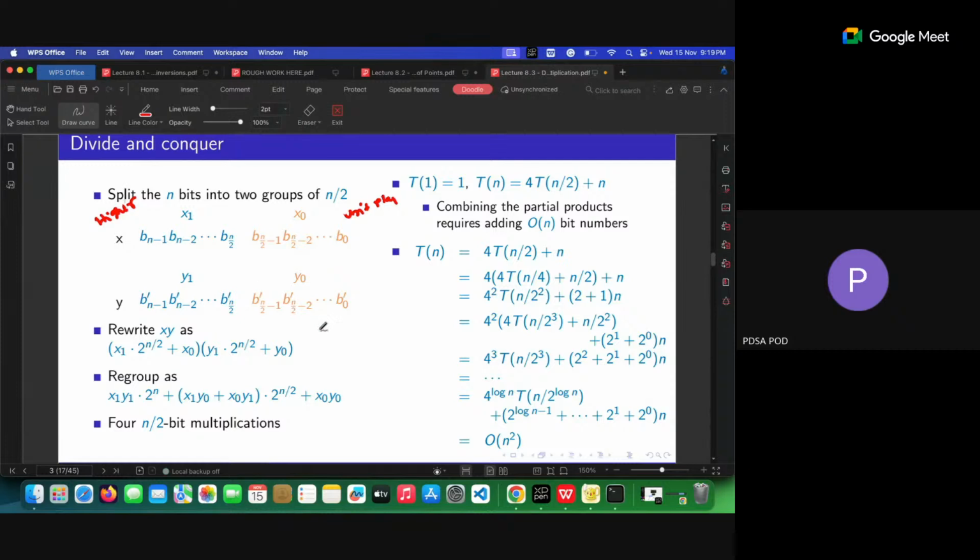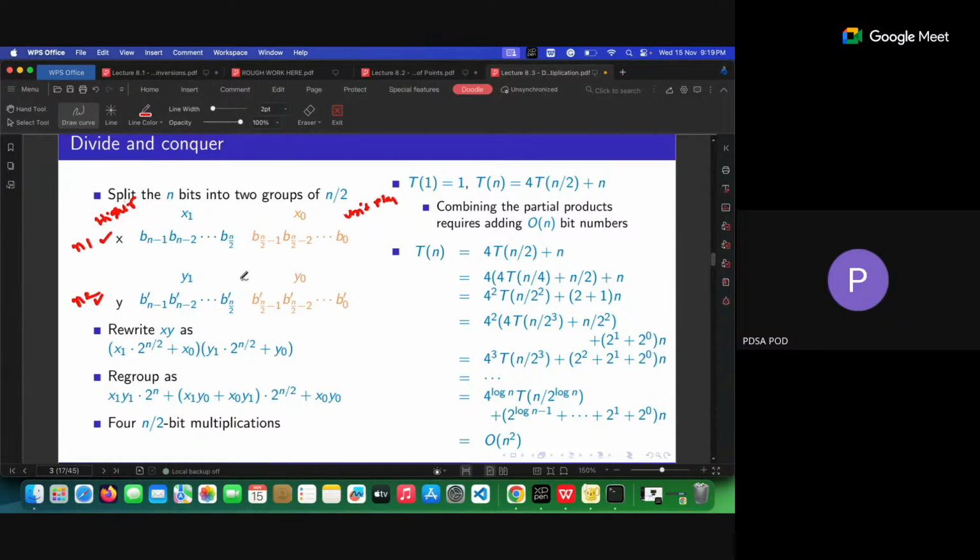Similarly, here 2 groups are there. Two groups have been divided: the first group and the second group. The same number is divided into 2 parts. Yes, n by 2 for the first number and for this one. This is the first number and this is the second number.